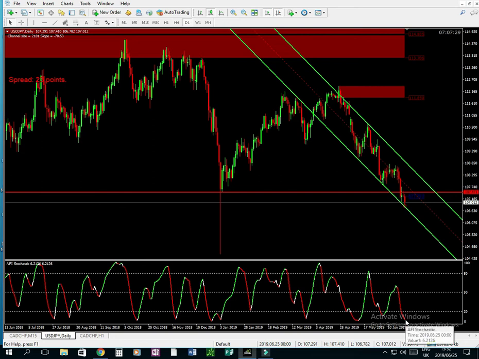Looking at the daily chart, the stochastic is telling me, and the market itself is telling me, that the market is about to push up, but it can even sell more. But we'll have to look for reasons why it's selling, and if it's selling more, then I will have to wait and be patient enough till I get the sell position where I can take my trade.